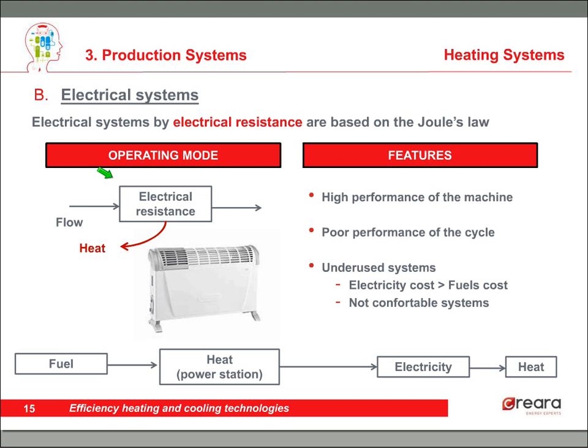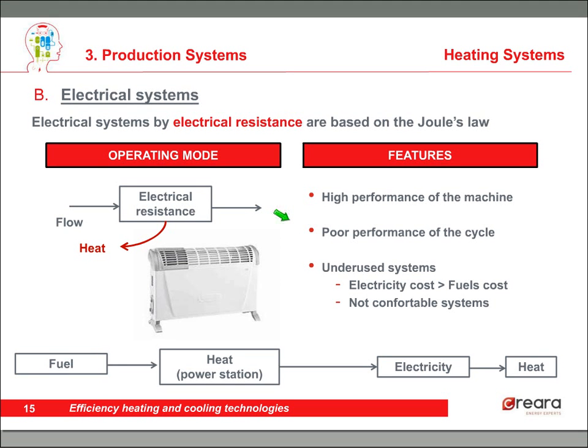This heating is achieved by using an electric current. And the wonderful thing about this equipment is that they have really high performance. They can achieve performance of more than 99%. They are close to 100% performance, which is very good.